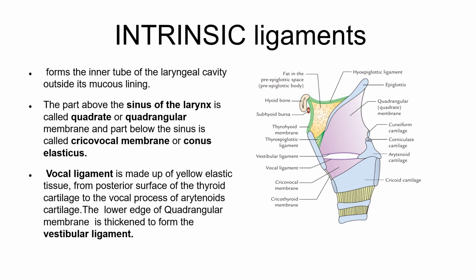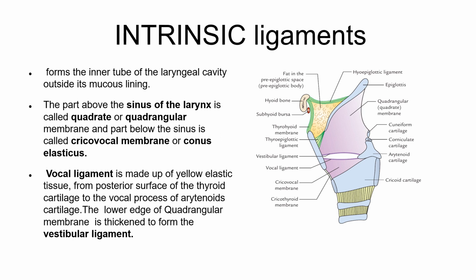So these intrinsic ligaments, they are the quadrate or quadrangular membrane and the cricovocal membrane. Above, there is a structure called the sinus of larynx. Need not go into very much detail of this at the MBBS level, but the part above the sinus of larynx is called the quadrangular membrane, and the part below this sinus is called the cricovocal membrane.